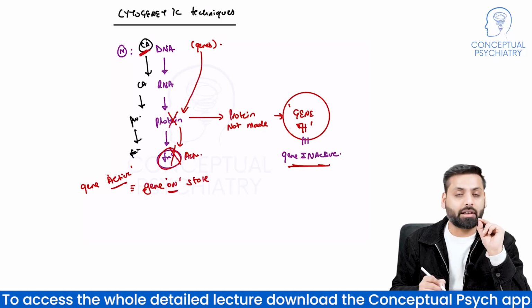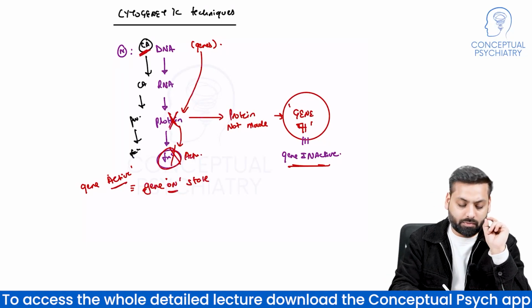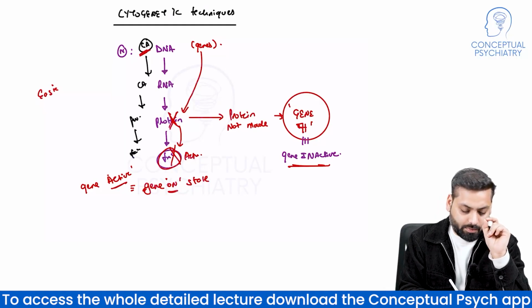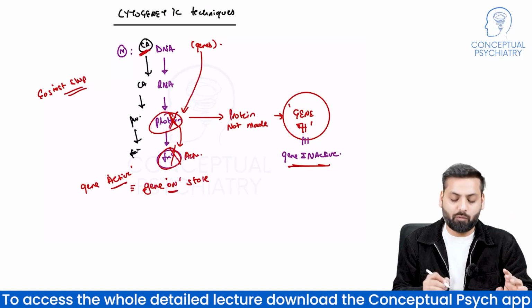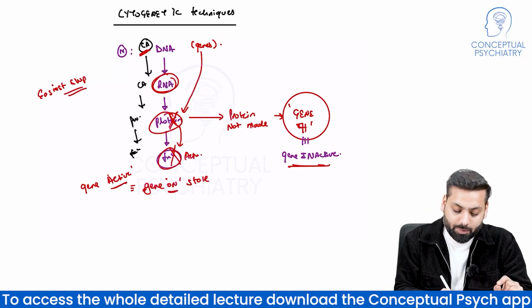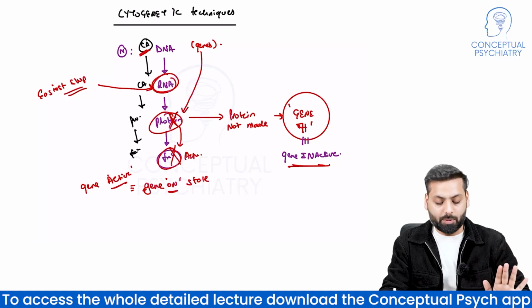So I will try and not let the protein formation take place. So what is the easiest step to stop the protein formation? Protein is forming from where? It is forming from RNA. So the easiest step to stop the protein formation will be RNA.